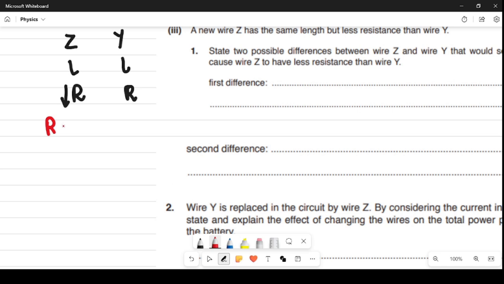So the basic formula is resistivity times length over A. Length, they've told us, is constant, so we cannot compare it with length. The other two quantities, however, they've not mentioned, so we can compare those.